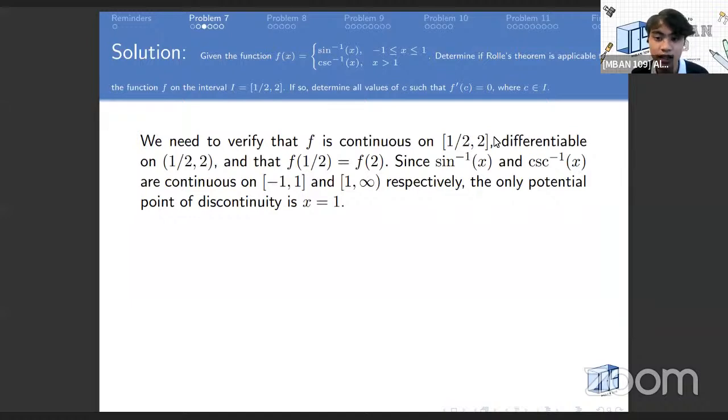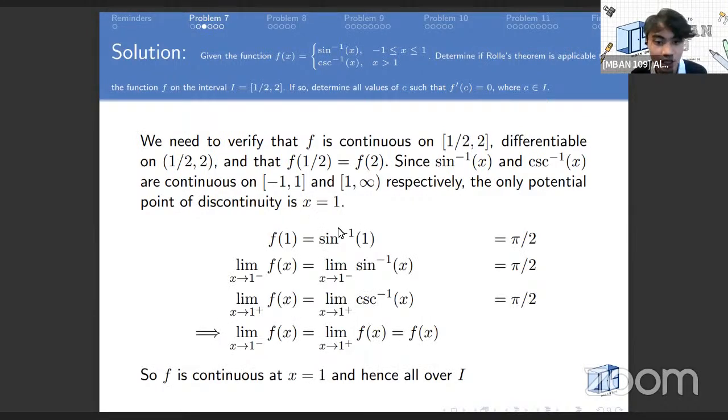Since arc sine x and arc cosecant x are continuous on the closed interval -1 to 1 and the interval 1 to positive infinity, respectively, and since the intervals both end at 1, the only possible point of discontinuity is if x is equal to 1.